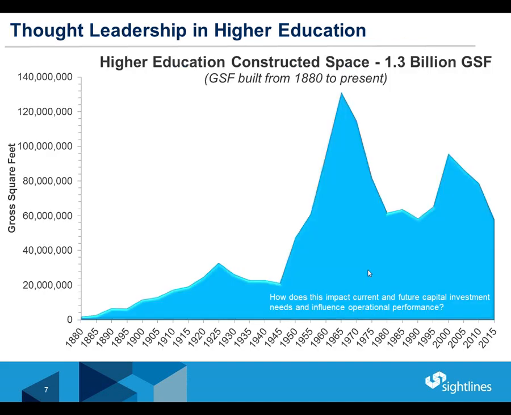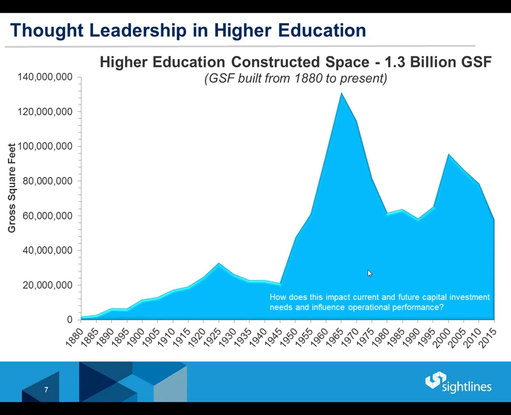This chart, many of you may have seen in some of the publications that we've been putting out recently. It's a chart where we mapped our entire 1.3 billion square feet of space by the year in which the square footage was constructed, not renovated, but actually constructed.